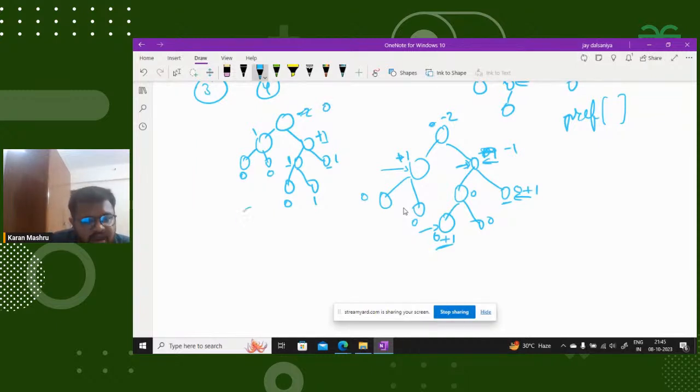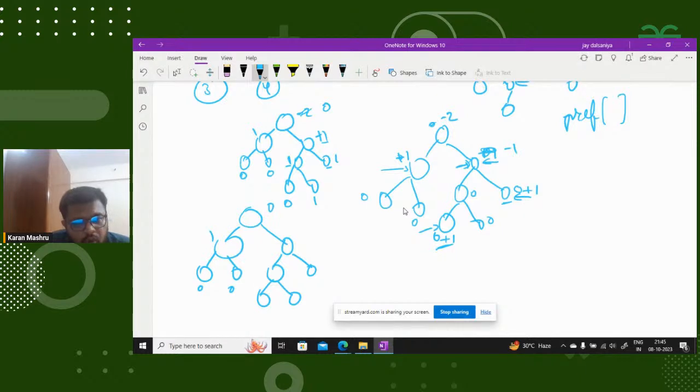So what is the graph which I got? If I draw it here, the graph I have got is 0 0 1 0 1 1 1 and 1. Did we make any mistake? No, I don't think we made any mistake.